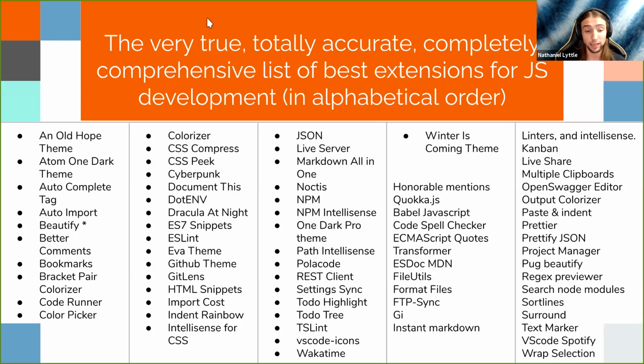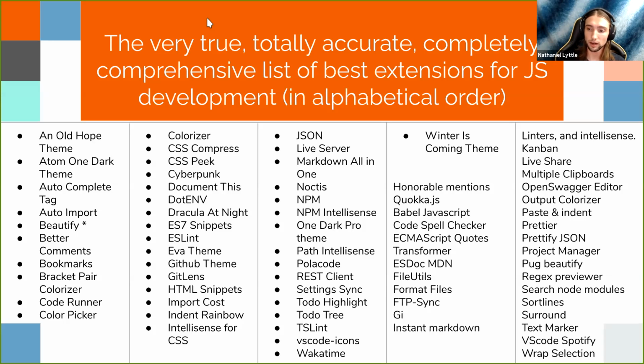But I do have all of these installed right now and regularly use all of the ones that are dotted. Honorable mentions are things that I don't use as often, but are still part of my programming, just not as much for JavaScript.